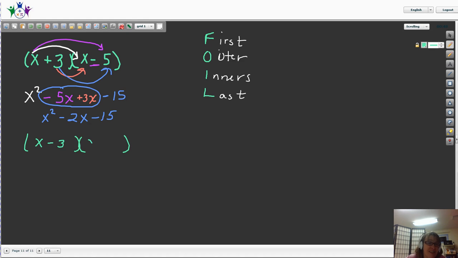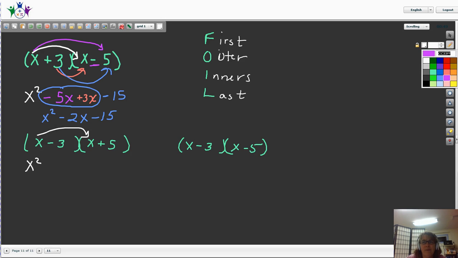Let's make the 3 the negative this time. And while we're at it, let's make them both negative, and that way I don't have to come back to that mint green. Back to x times x, and we have x squared. Then x times a positive 5 gets us plus 5x.